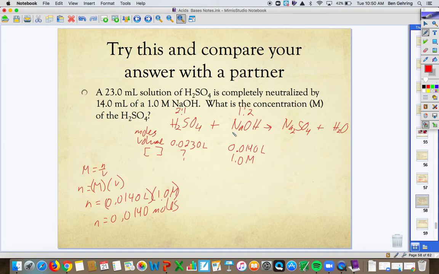So that's going to be here. Now, this is moles of NaOH. Now I have 1 mole of NaOH, and I get 2 moles of sulfuric acid.